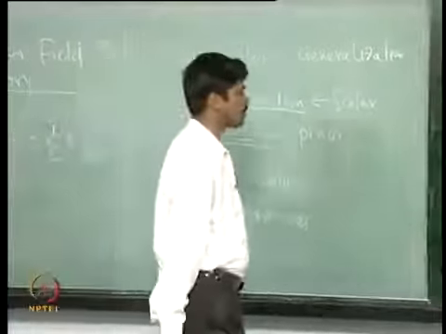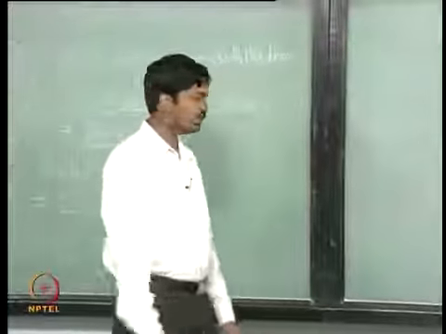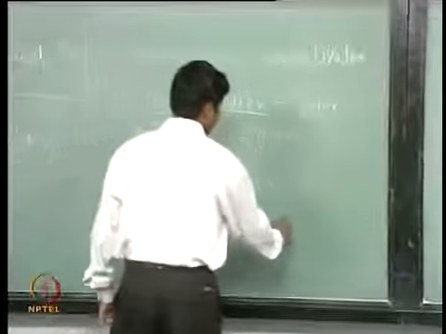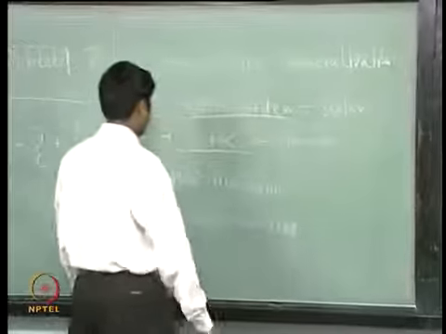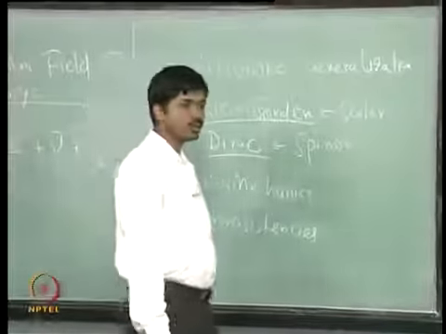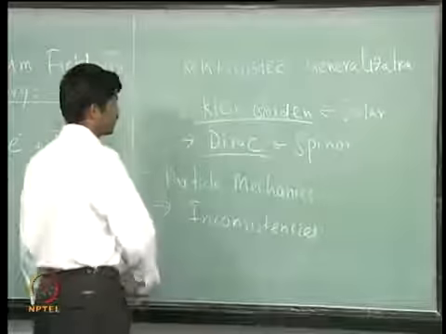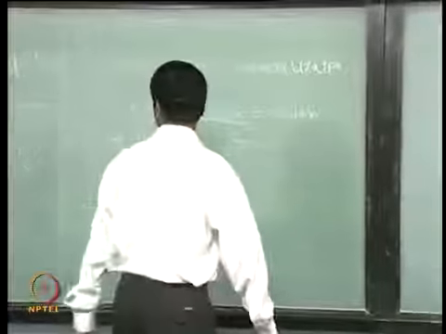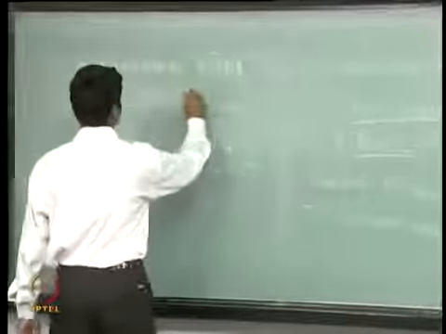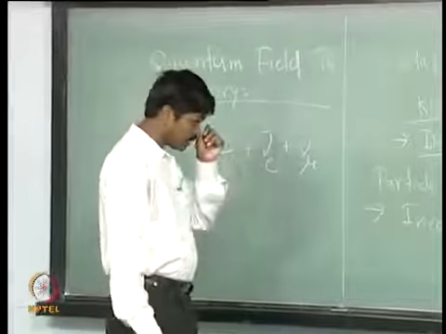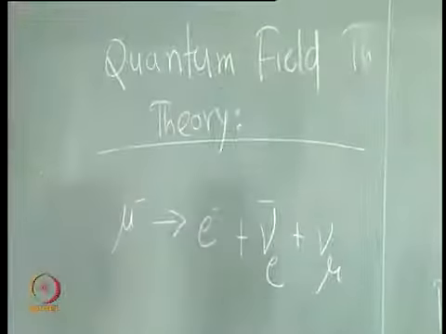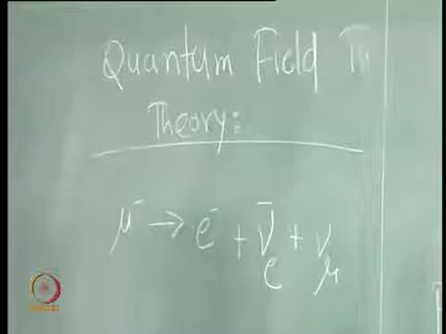For example, the probability amplitude does not give you a positive definite probability and so on. So, you are forced to introduce quantum field theory. In this lecture, we will study quantum field theory in much more detail.